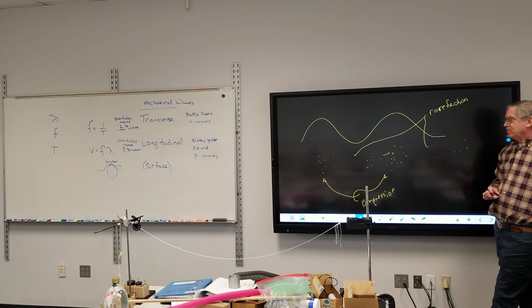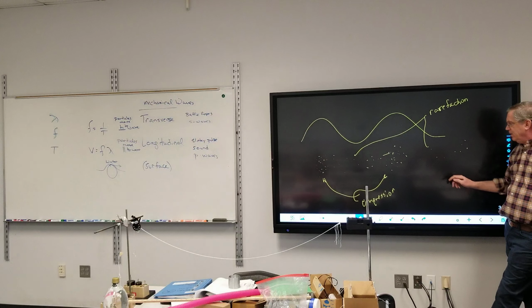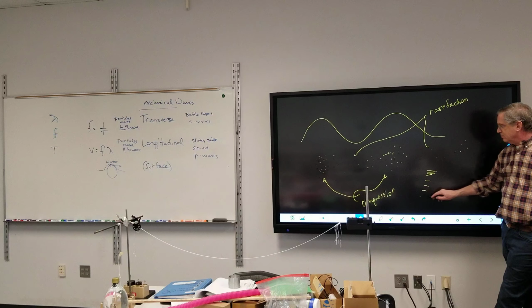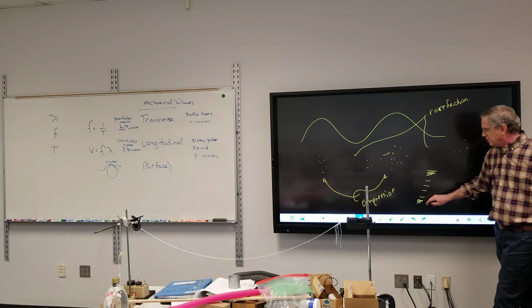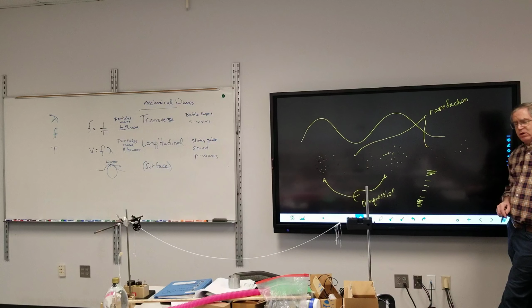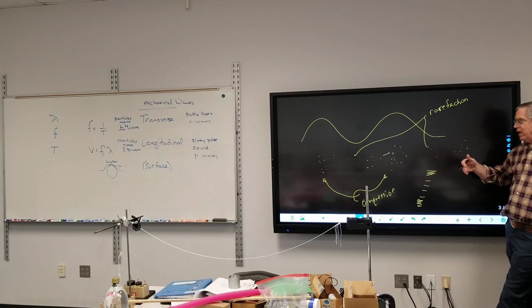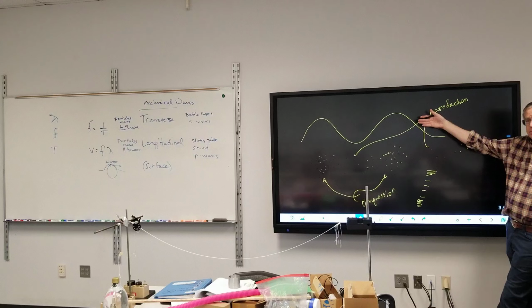Yes. Or in the case of the slinky, if I've got a bunch of coils really close to each other, I've got compression, then some rarefaction, and then a bunch close together again. But drawing this is not particularly easy, so I will tend to draw longitudinal waves like the first example.